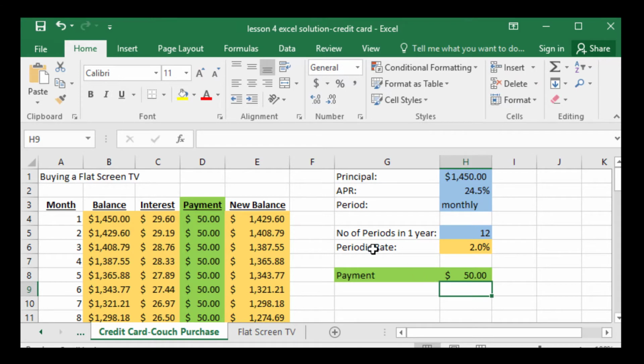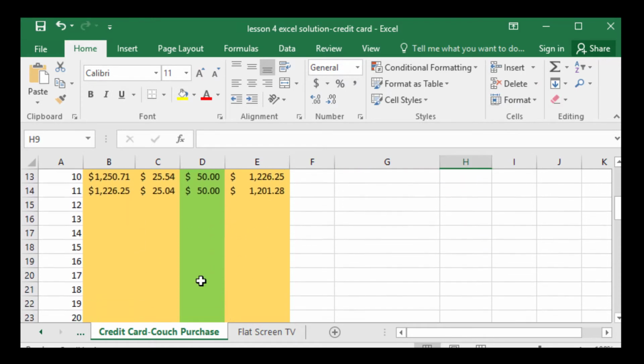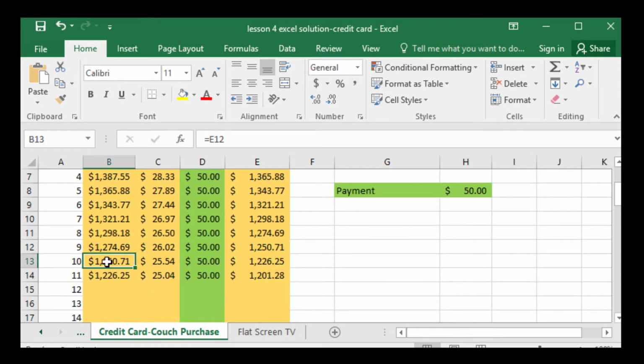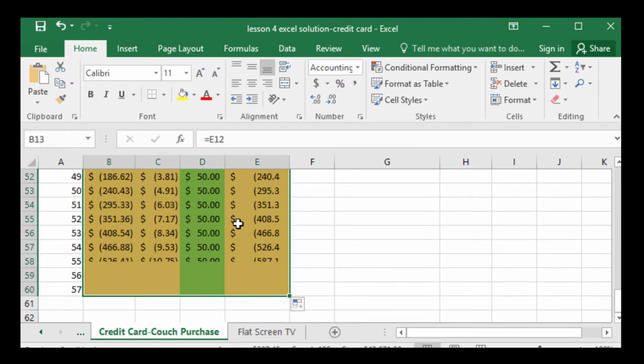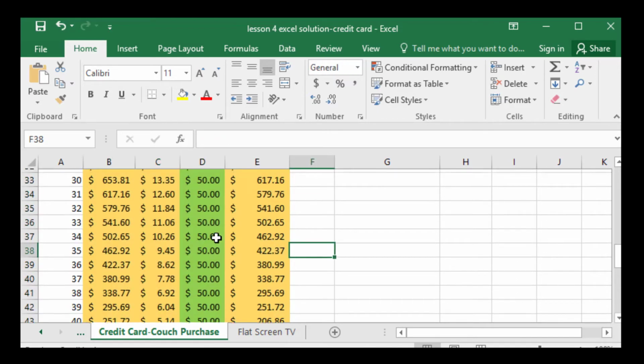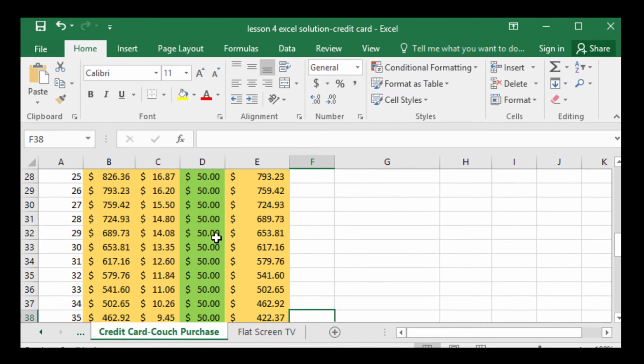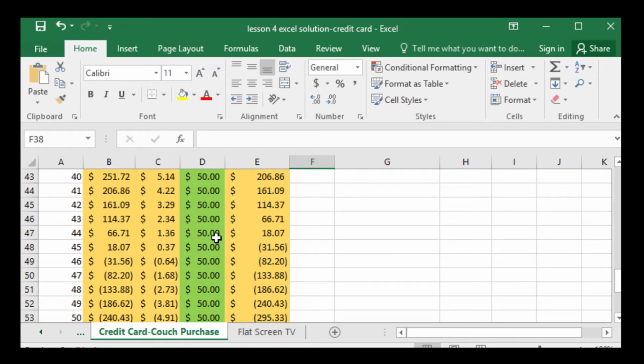Now let's see how long it took to pay off our cruise. Well, it's past 10 months, as you can see. Running all the way down to there. And it's still past that, and there it is right here.